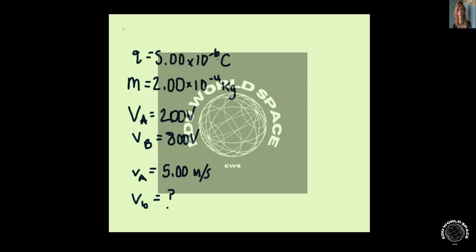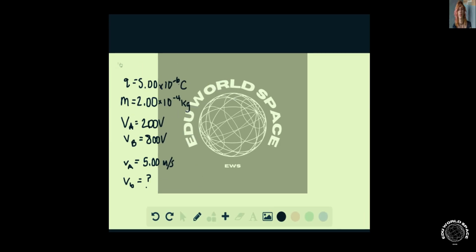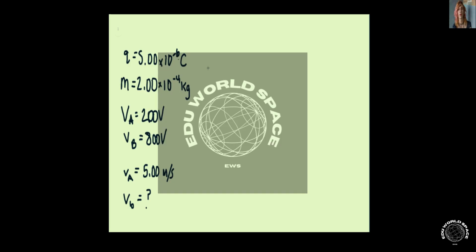So if we have a charge moving within this potential, let's see, I'm just going to double check. Is there any other information about the potential? Is the potential changing linearly?